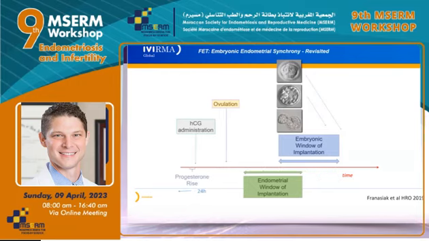The progesterone rise may cause the endometrial window of receptivity to shift 18 or maybe as much as 24 hours. And therefore, we have embryos which are developing more slowly, which are falling outside of the endometrial window of implantation.